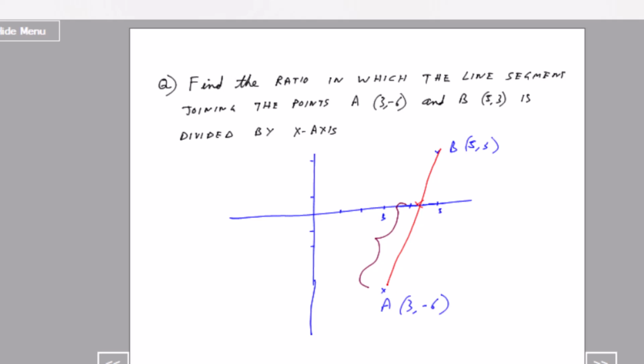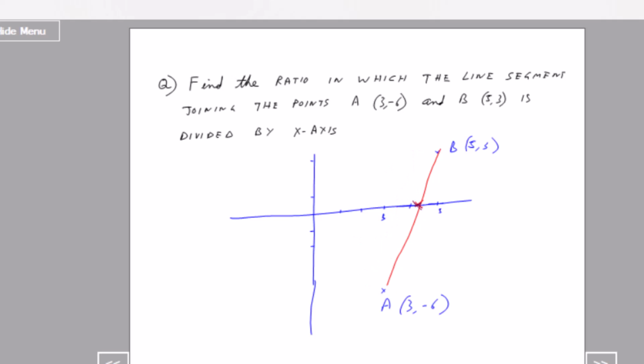This is one part of that line and this is the other part of the line. So what is being asked? If this is M and this is N, what is the M is to N ratio in which this point divides the line? So for this we have to use the section formula.